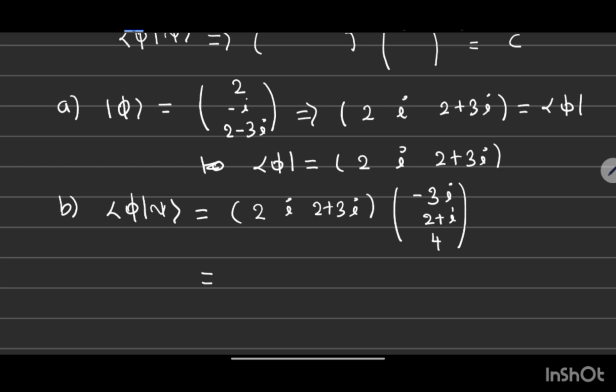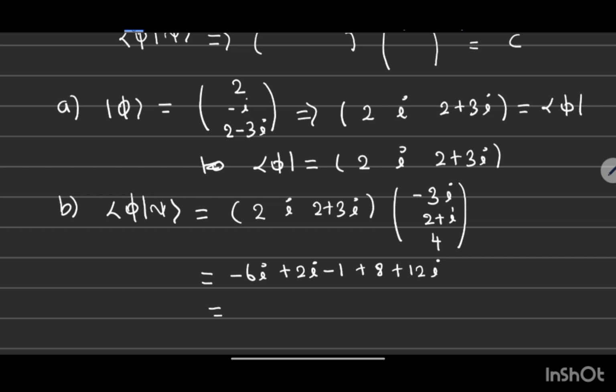Now what is the multiplication of these two? Minus 6i plus 2i minus 1 plus 8 plus 12i.